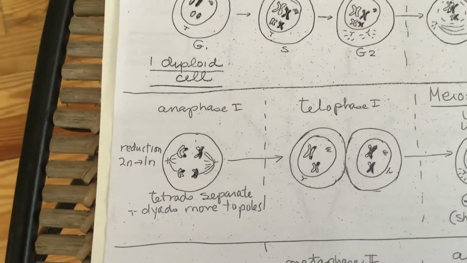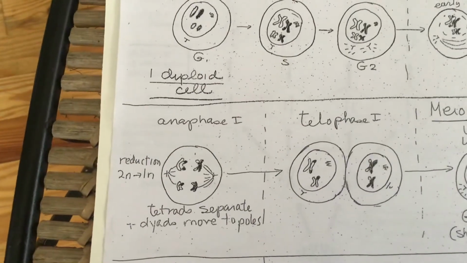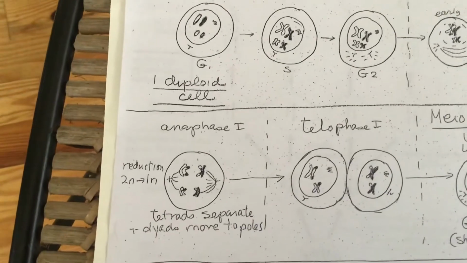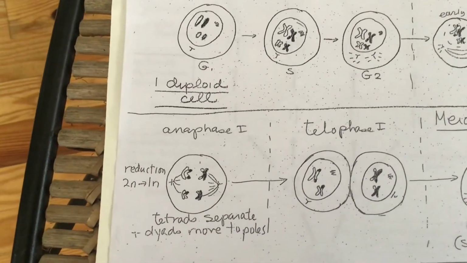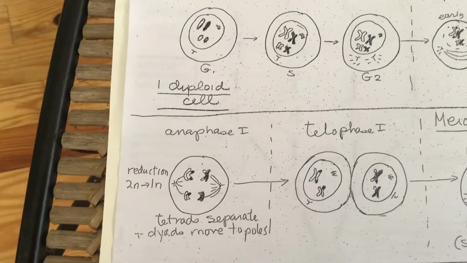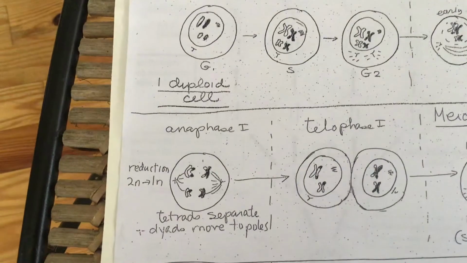Okay, so in anaphase, you can see the results of crossing over in this diagram where the homologous sets of chromosomes have exchanged information indicated by the light and dark parts. So in anaphase 1, what happens, of course, is the tetrads separate, and now the chromosomes move towards the poles. They are called dyads.